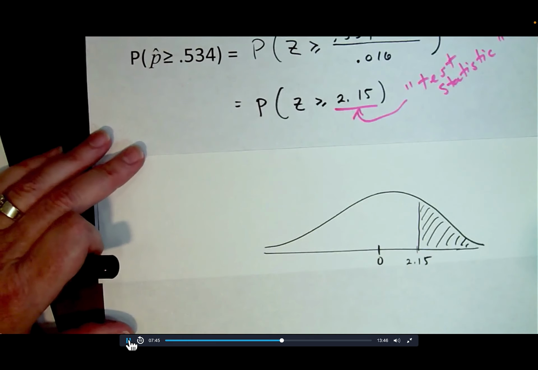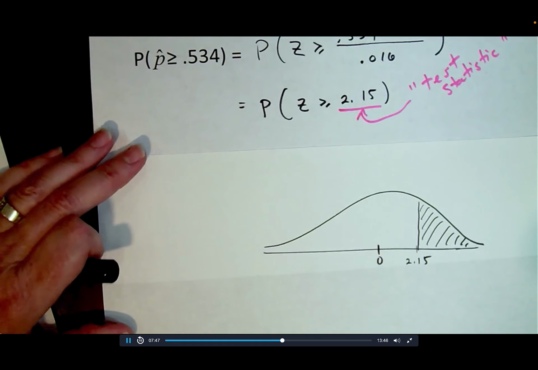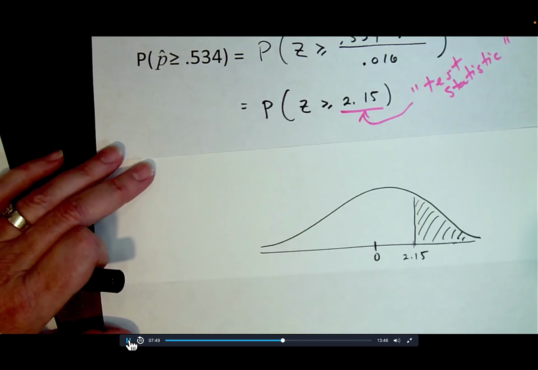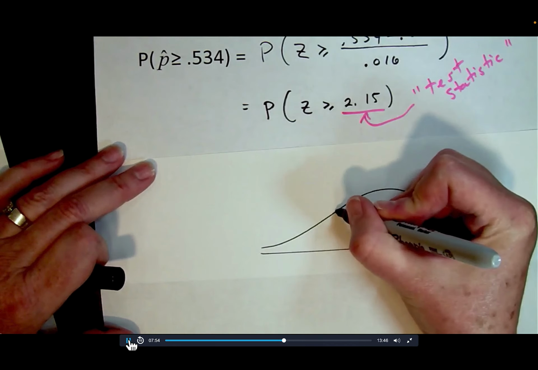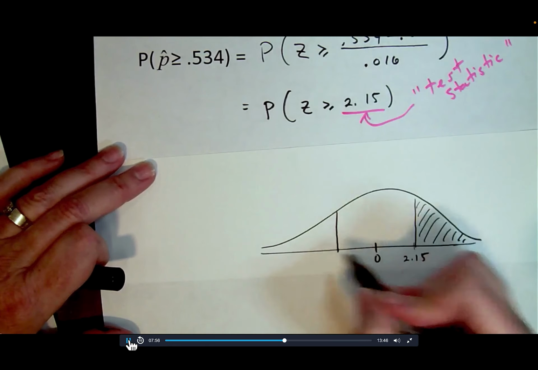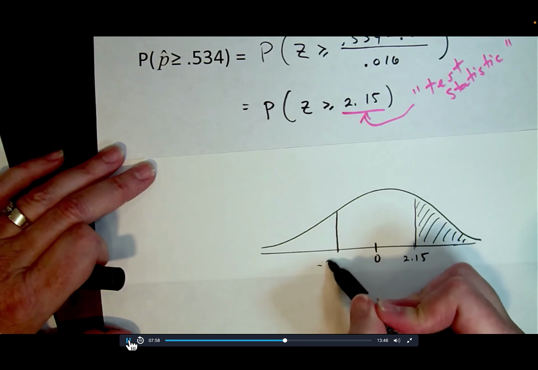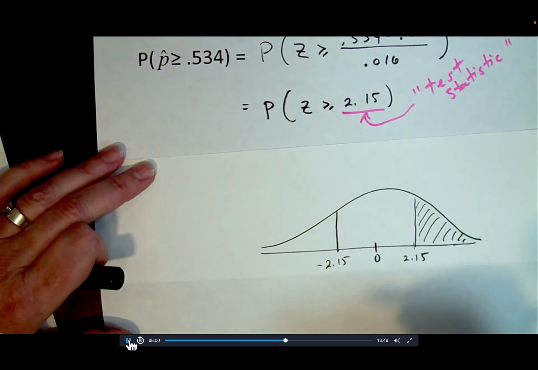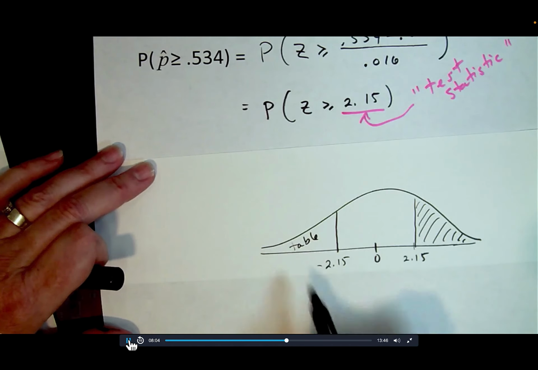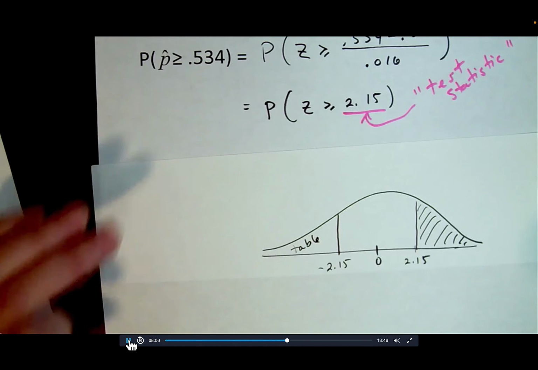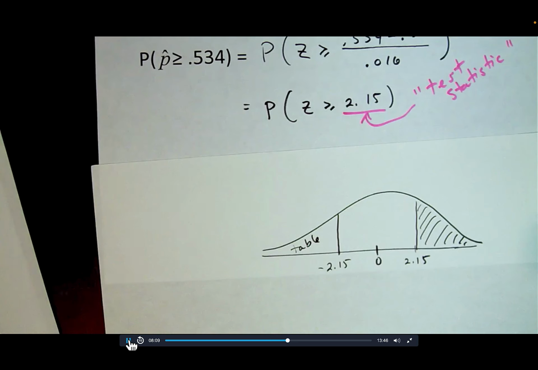But our table actually gives us areas to the left. So remember, the standard normal distribution is symmetric. So if I instead look up negative 2.15, the table will give me this area, but it's the same as the area to the right of positive 2.15.